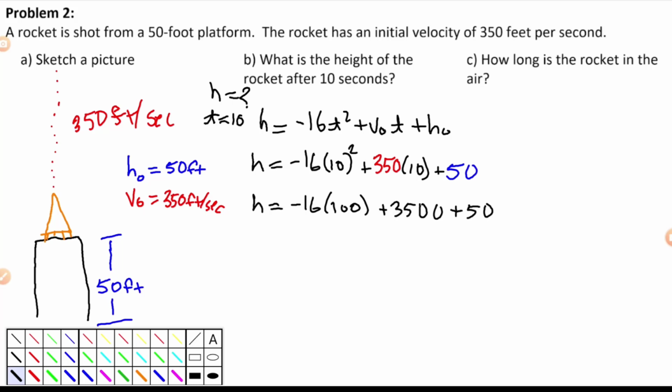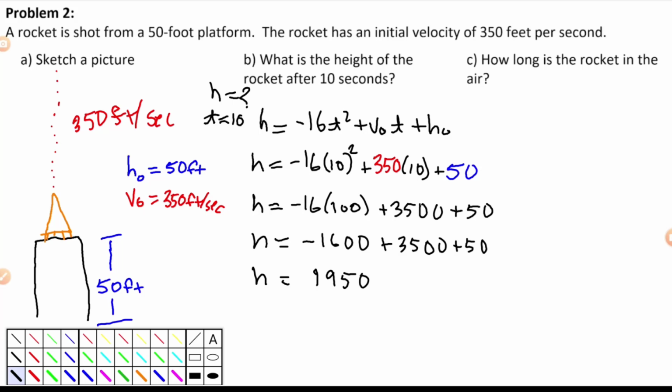Okay, not too bad. And then we're going to go h is equal to negative 1,600 plus 3,500 plus 50. And our final answer is 1,950.